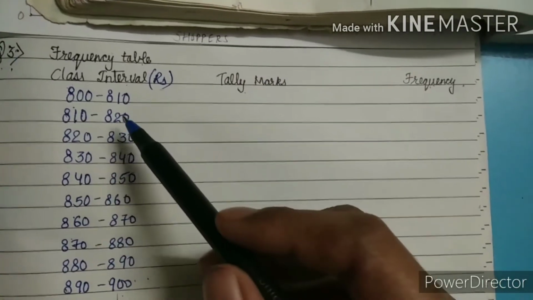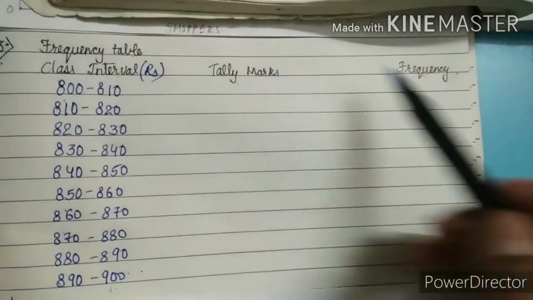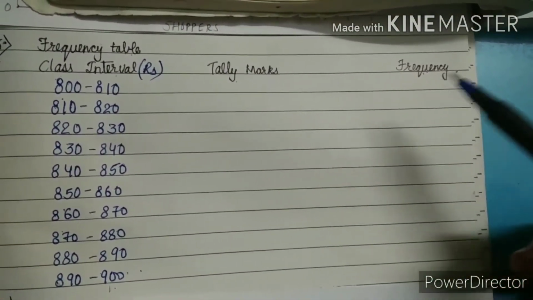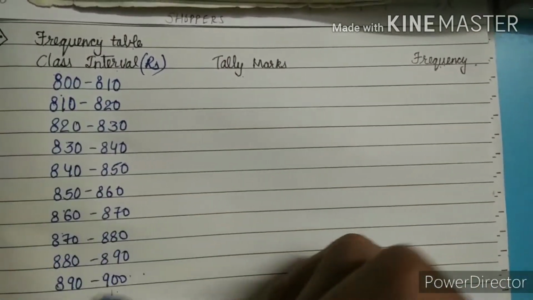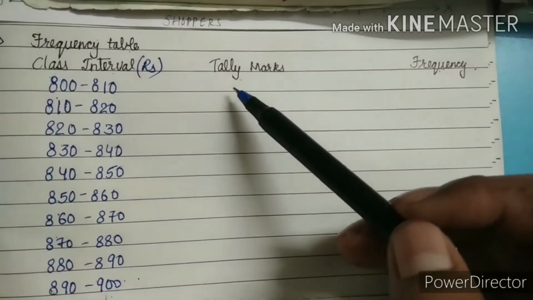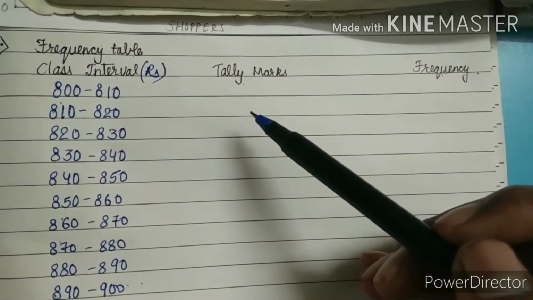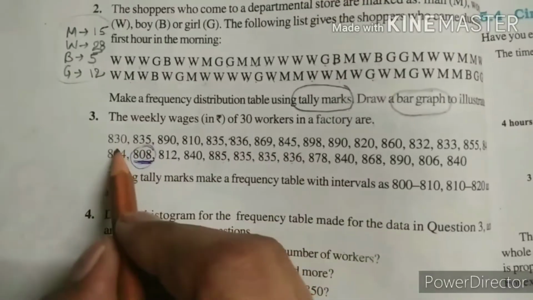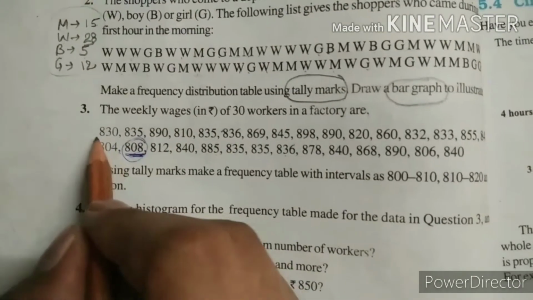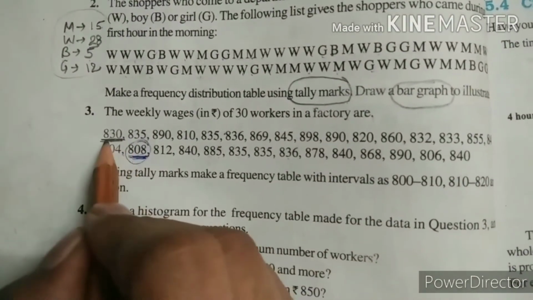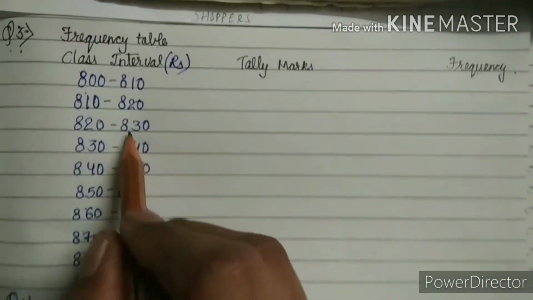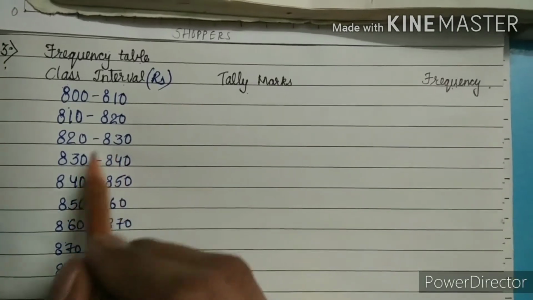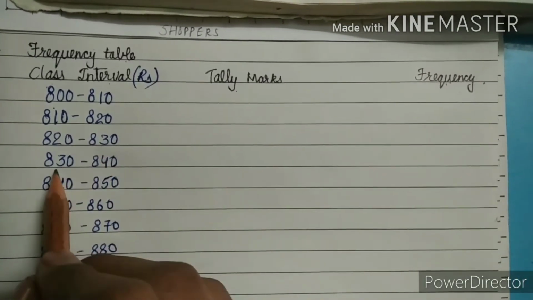Now how to put tally marks? Why did we not take the frequency? Because they did not give us the frequency, they gave us the data, so we have to draw tally marks. Let's see how to draw. The first data is 830. Below 830 I drew a line, it means we have taken this data. Now 830 is in this section and this section both.